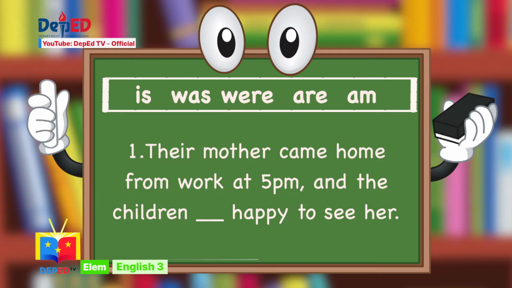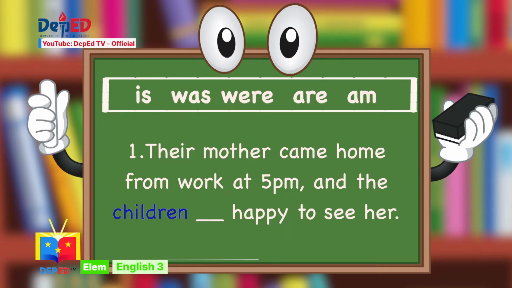What is the subject in the sentence that needs a be verb? Children is right. Is it singular or plural? Yes, it's plural. Do you think the sentence should be in past tense?